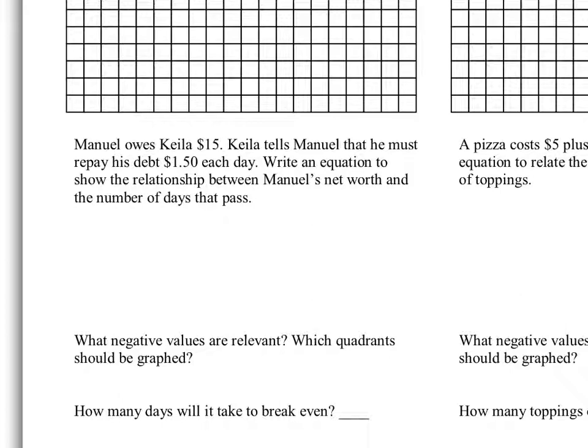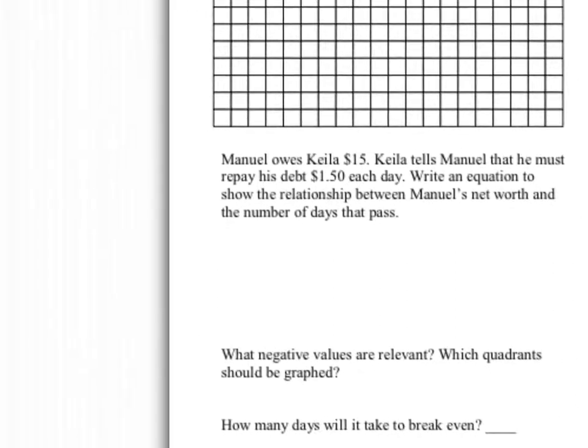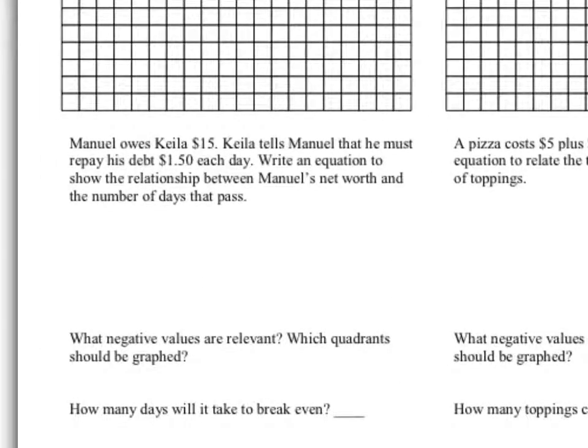My equation is I'm looking to find out his net worth, which is y dollars. I see my rate here is in dollars per day, so I need to set that one up so dollars is on top, for 1 day. And the number of days that passes, that's my other unknown.